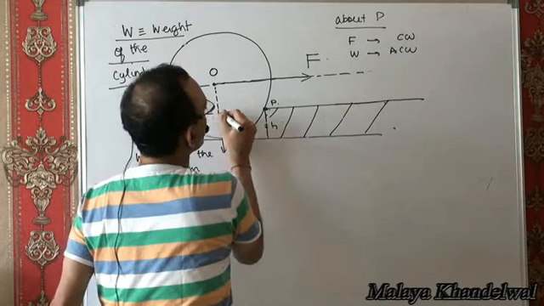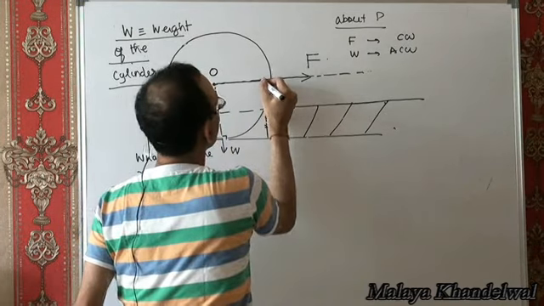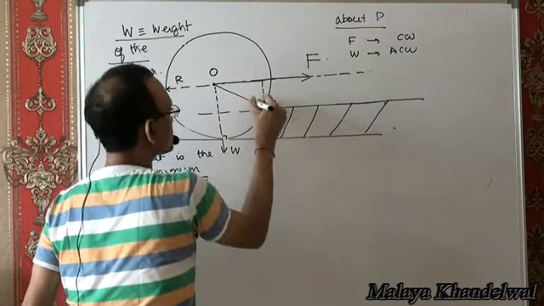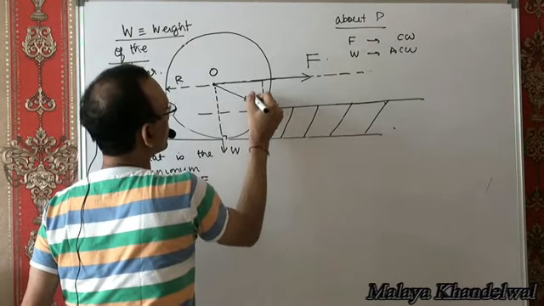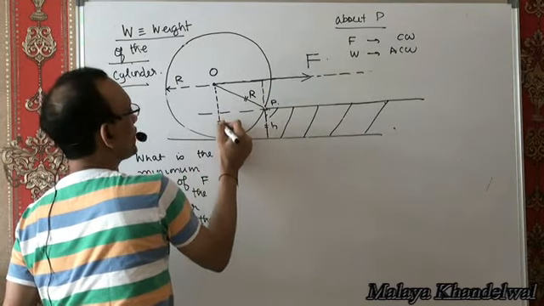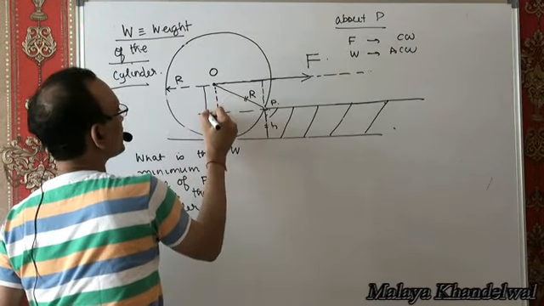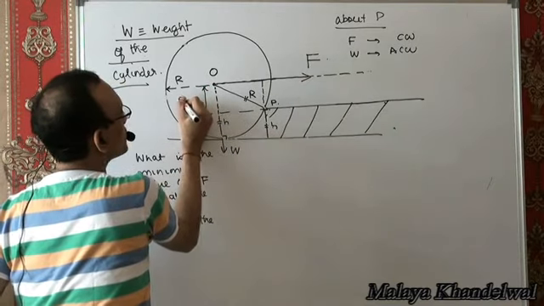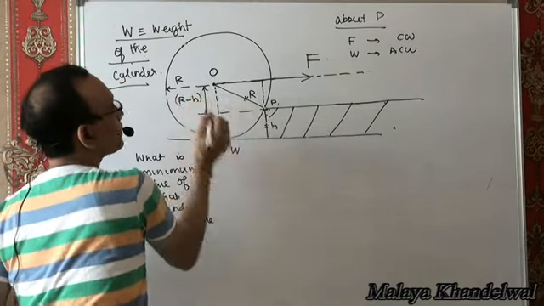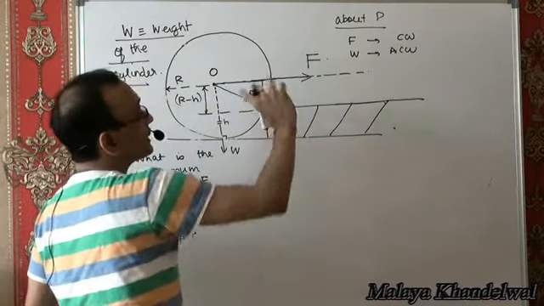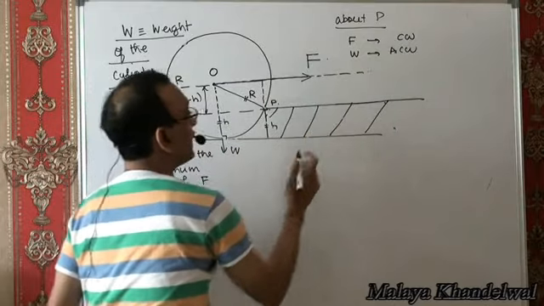Now, evidently, this is the radius R, this is H, so this is also H. So this length is very clearly R minus H. And what's the turning effect about P produced by F?